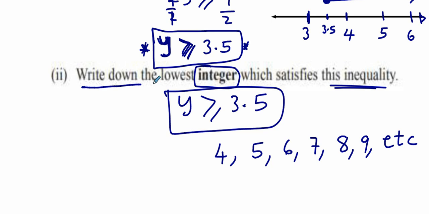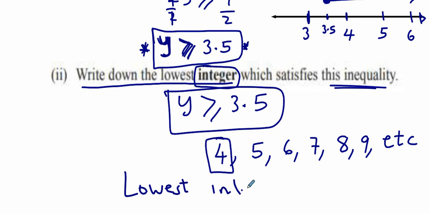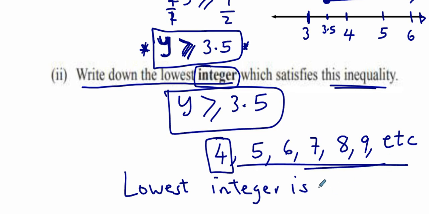Write down the lowest integer. So the lowest of all is 4. So from this list here, the lowest integer is 4. See that?